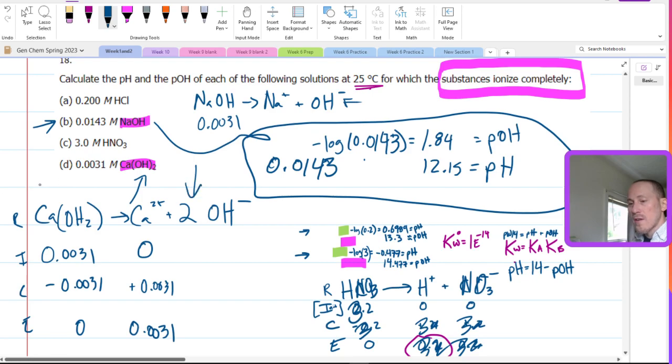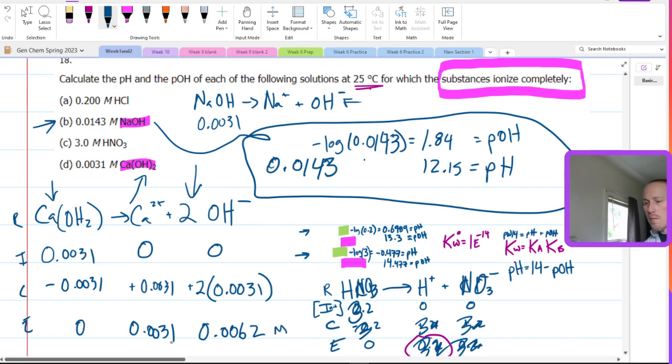However, for every 1 calcium hydroxide, 2 hydroxide ions are yielded. So here we have plus 2 times that, which is, of course, 0.0062 molar.